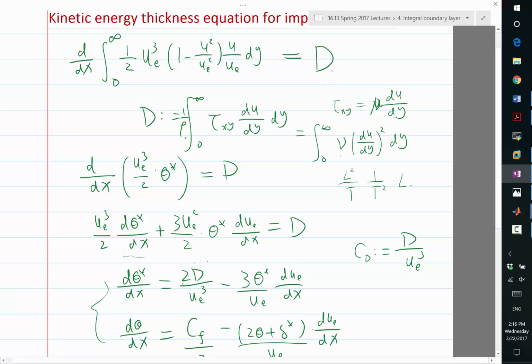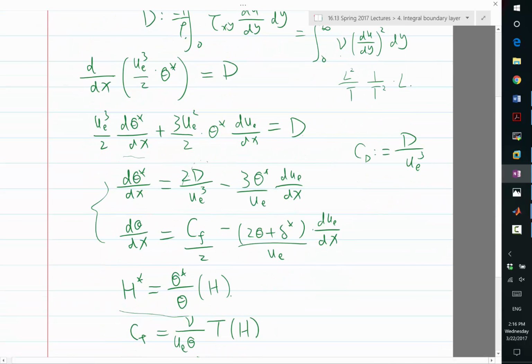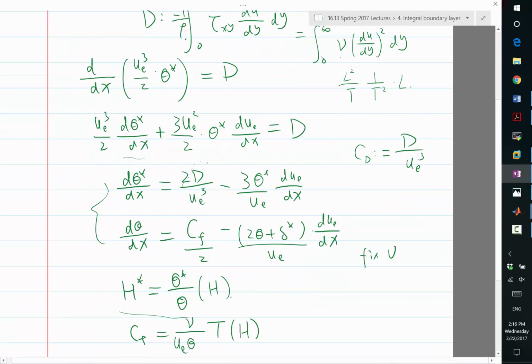So CD, which is divided by ue cubed, would scale like 1 over ue. Right? So fix my kinematic viscosity, and CD is going to be like 1 over ue.